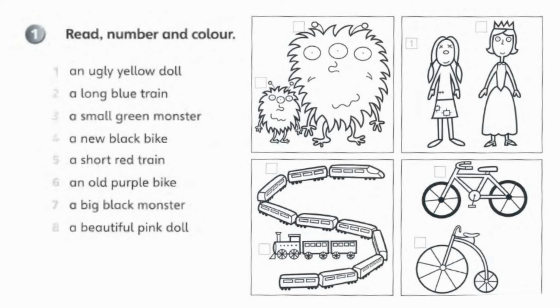Which one is the ugly doll? Here, right? Okay, so we put number 1 in this box. Next, we have to color the picture. What's the color again? Look at the phrase. An ugly yellow doll. Okay, so color the doll yellow.